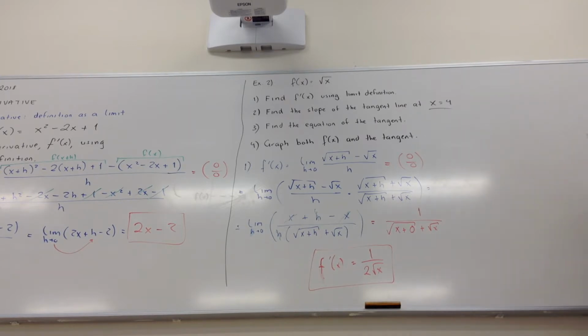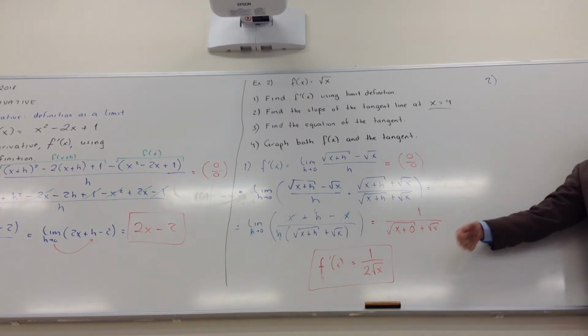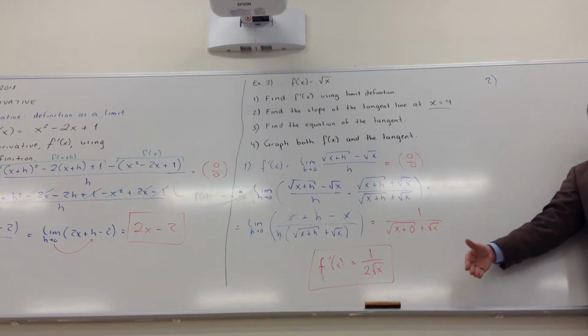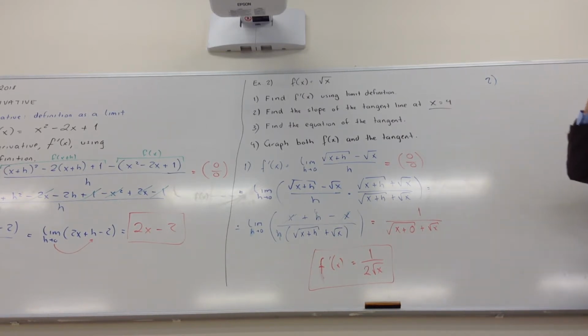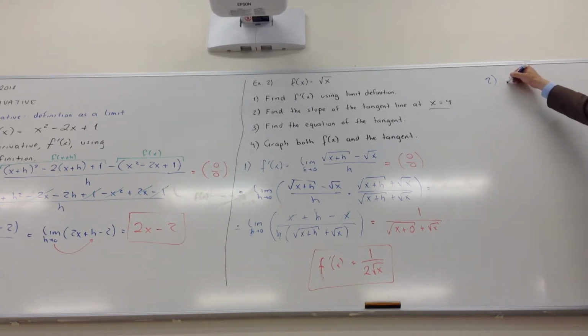Okay, fine. Number 2 says, find the slope of the tangent line at x equal to 4. If the derivative is the function for the slope, and now I have a value for x, and I want to find the value of the slope, what do I do? Substitute. The slope of the tangent line is going to be the derivative evaluated at 4.